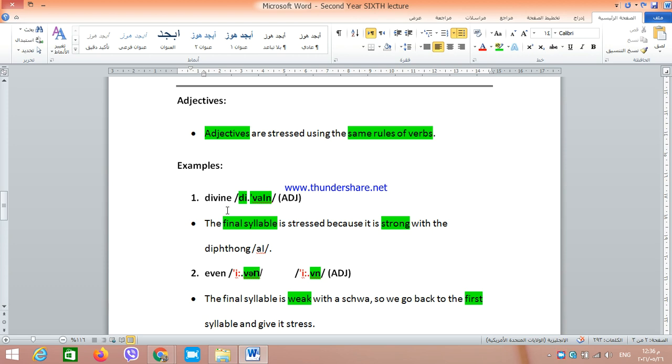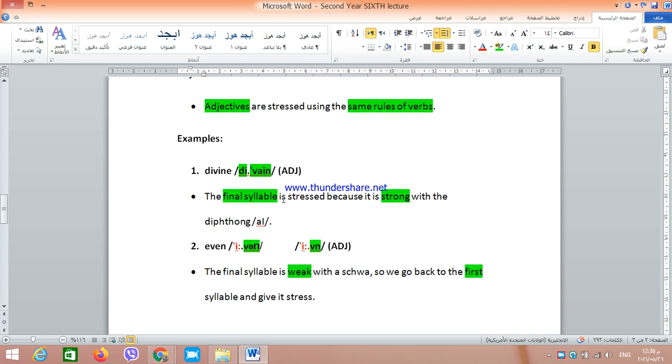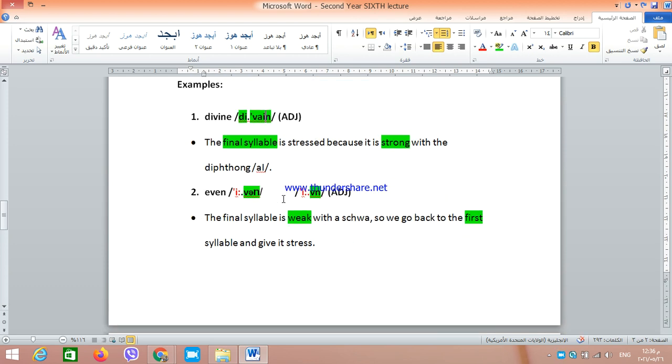Example, we have the word divine. So this is an adjective. How many syllables do we have here? We have two syllables. We have a look at the final syllable and the structure of the rhyme. So we have a diphthong as the nucleus and the consonant n as the coda.